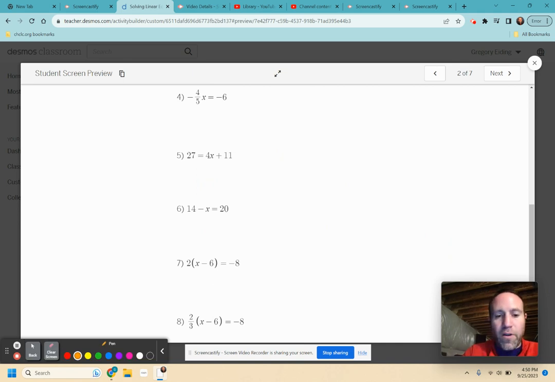So I'm going to do what you all would probably do, which is distribute. And that's fine too. So now I'm going to go ahead and add 12 to both sides. Divide by 2, and I get x is 2.